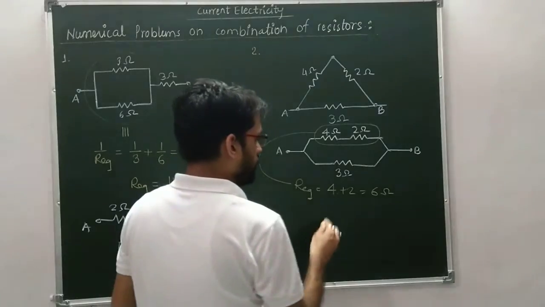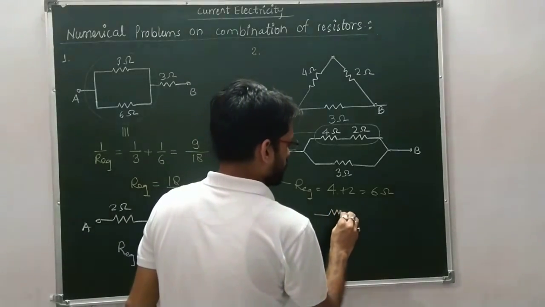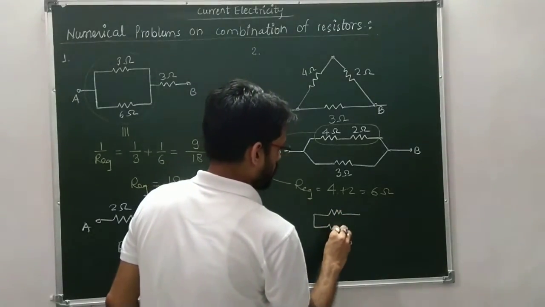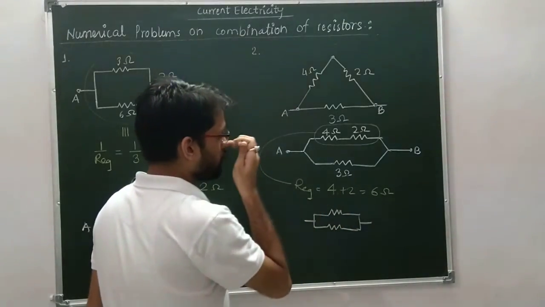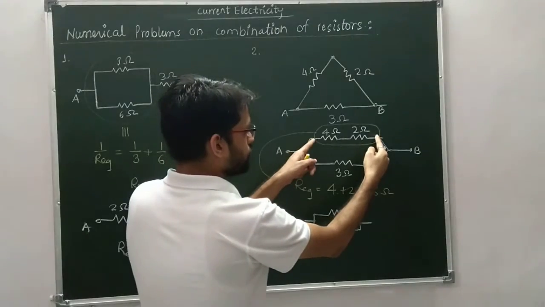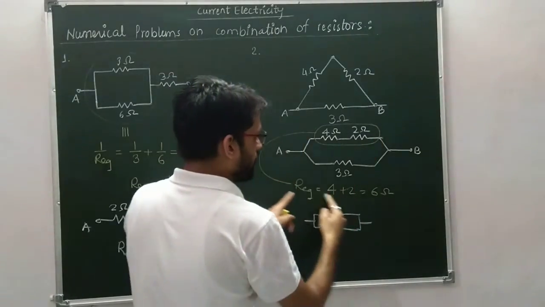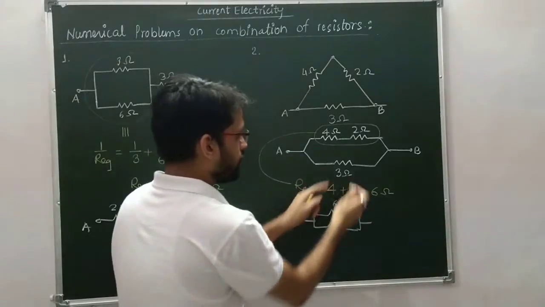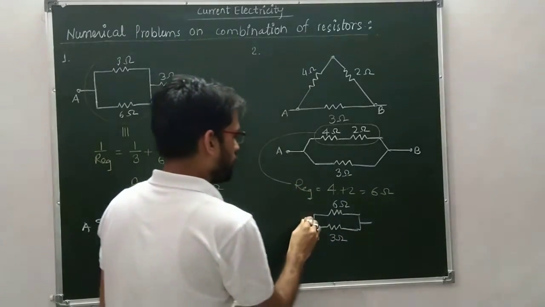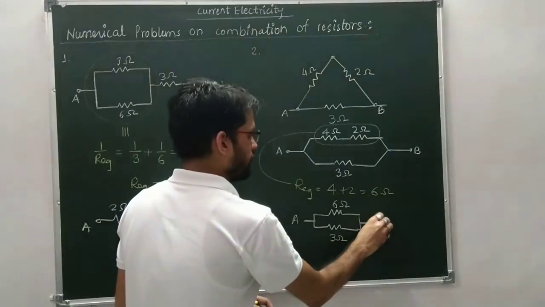Now redraw the circuit like this. These two can be replaced by a 6 ohm resistor. So this is 6 ohm. Now the other is 3 ohm. This is A, this is B.